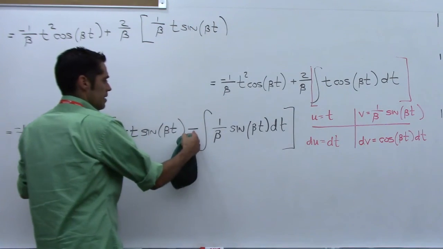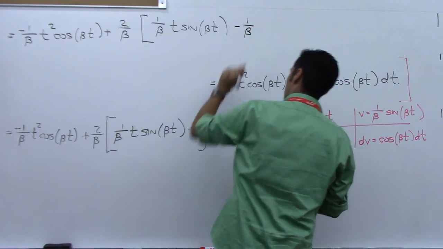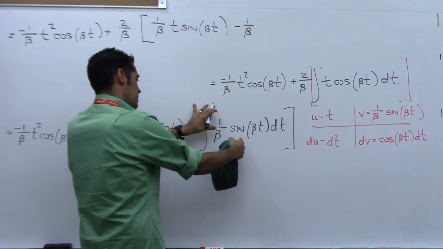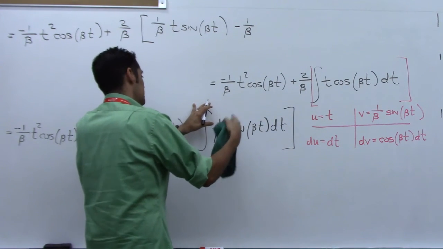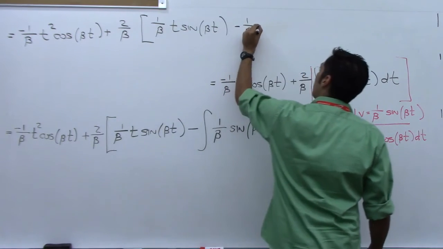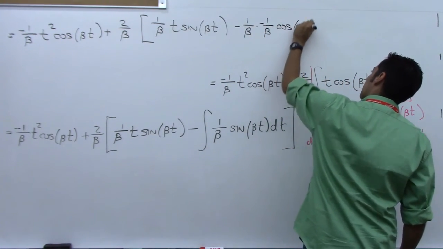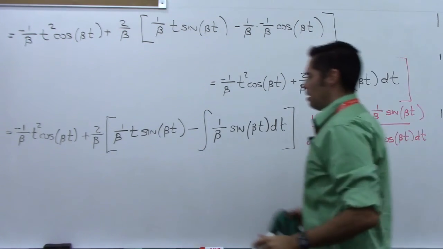I have a negative 1 over beta, but when I take the antiderivative of this, I get negative cosine, but then I also have that beta in here, so it'll be negative 1 over beta cosine beta t times negative 1 over beta cosine beta t. And then that's it. I'll have a plus constant. I'll put that at the very end.